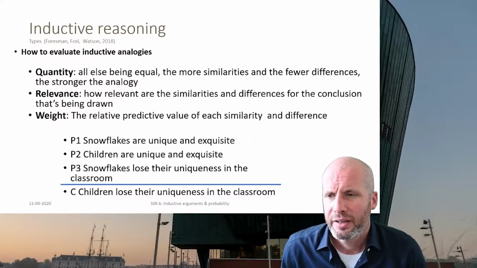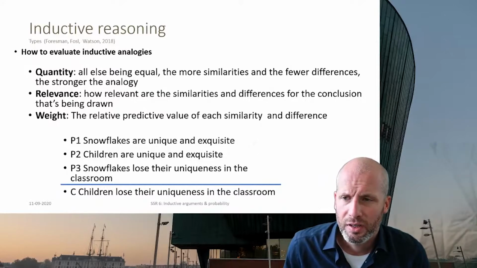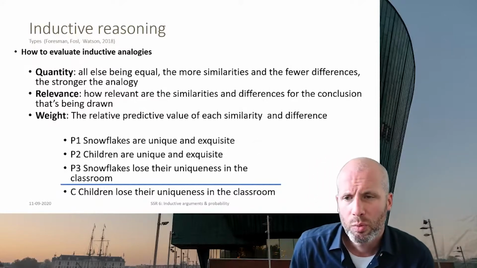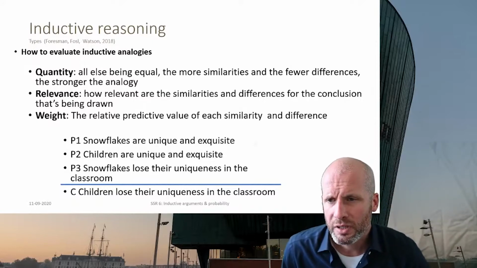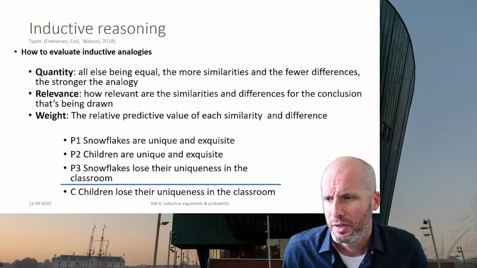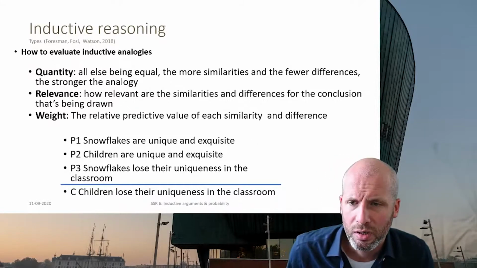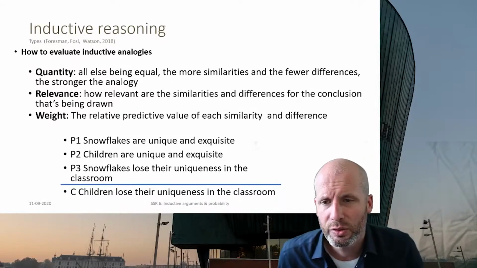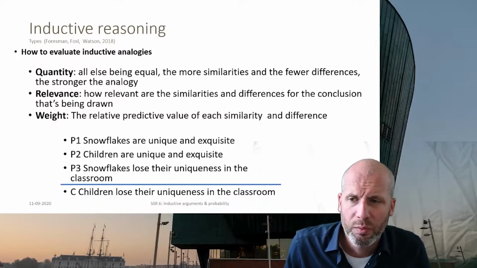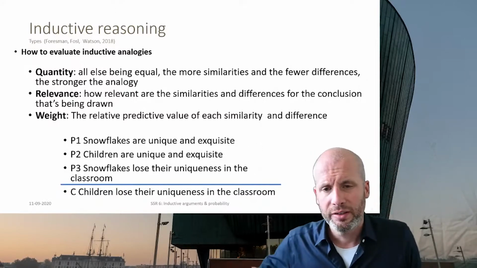But beyond that, particularly the relevance and specifically the weight of those similarities are important. So is it relevant that both snowflakes and children are unique and exquisite for the conclusion that's being drawn? Or not? And what is the weight of the similarities and the differences that you found?